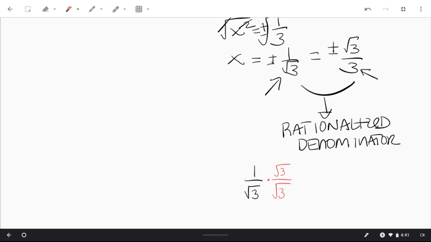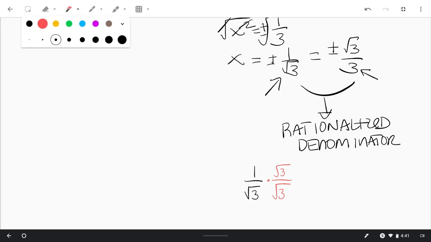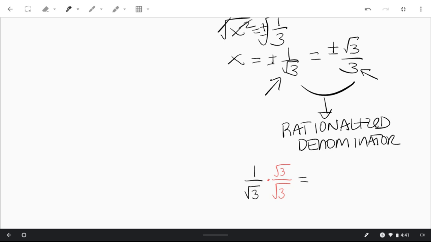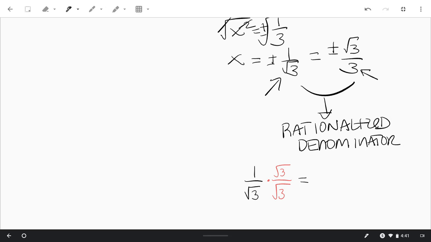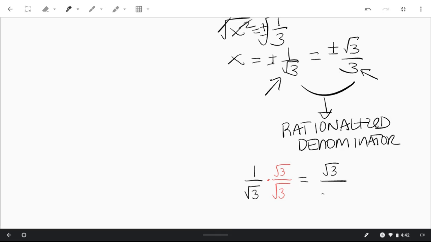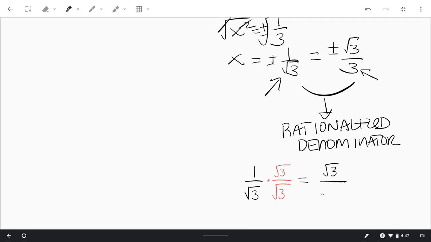And what happens here is I get square root 3 in the numerator, but look what I get in the denominator. I get square root 9, which is a nice perfect square. But what is the square root of 9? Square root 9 is 3.